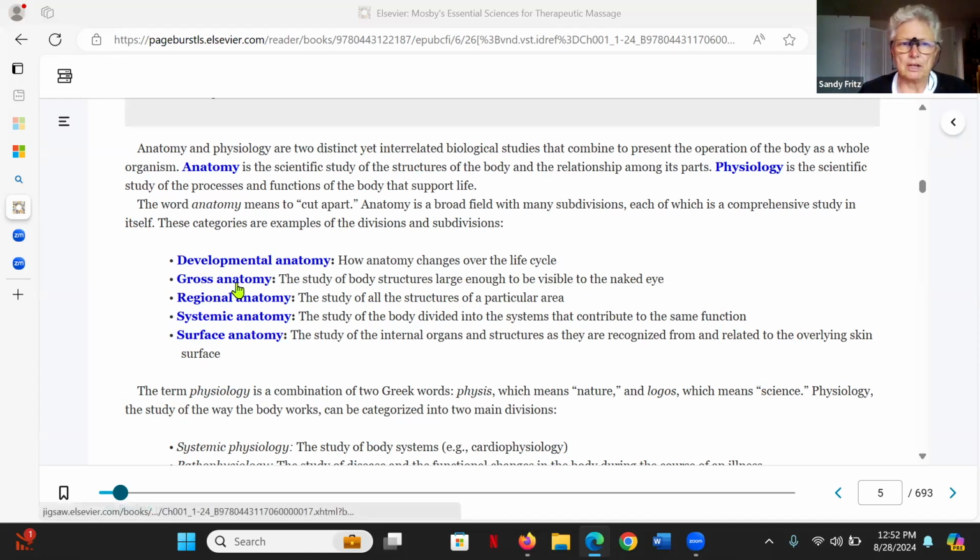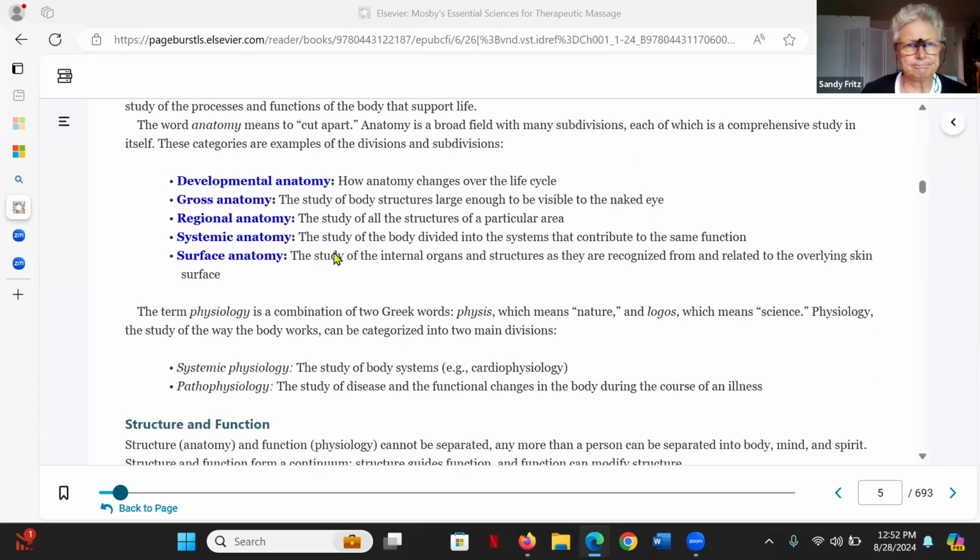That would be more of a gross anatomy. And if you were looking at the difference between working with an adolescent or with somebody who is older and the changes that might occur, that would be developmental anatomy. So you can see what we've got going here. All right.